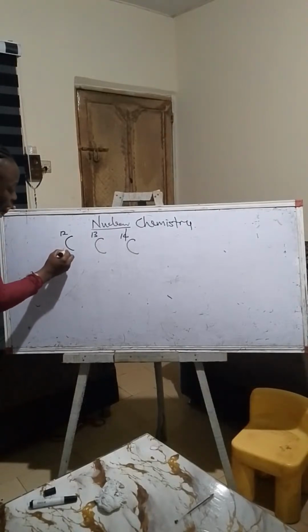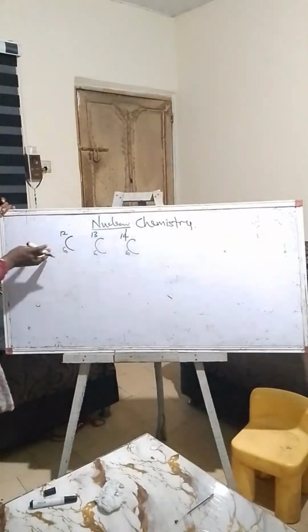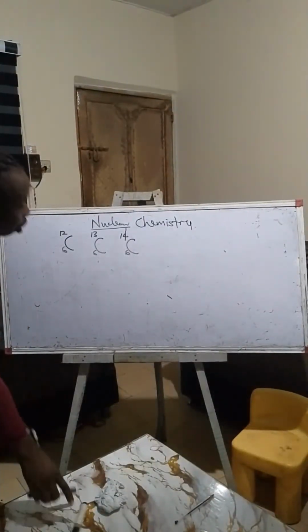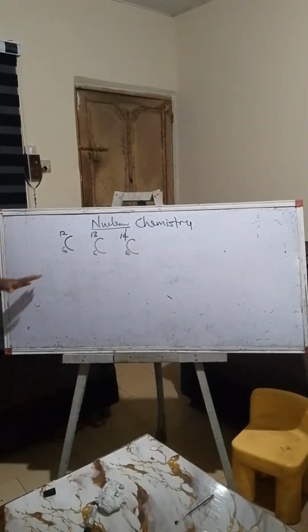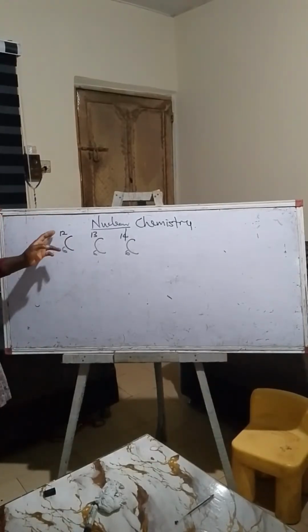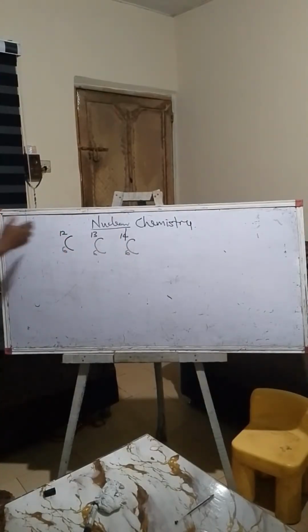Now if we have 6 here, 6 here, 6 here, it means these three are isotopes of each other. Why are they isotopes of each other? They have an atomic number of 6, but the mass numbers are different.